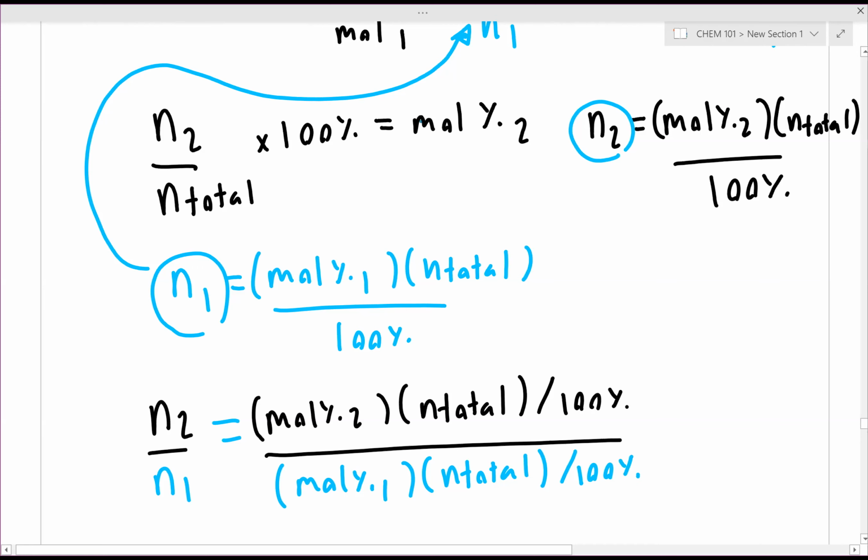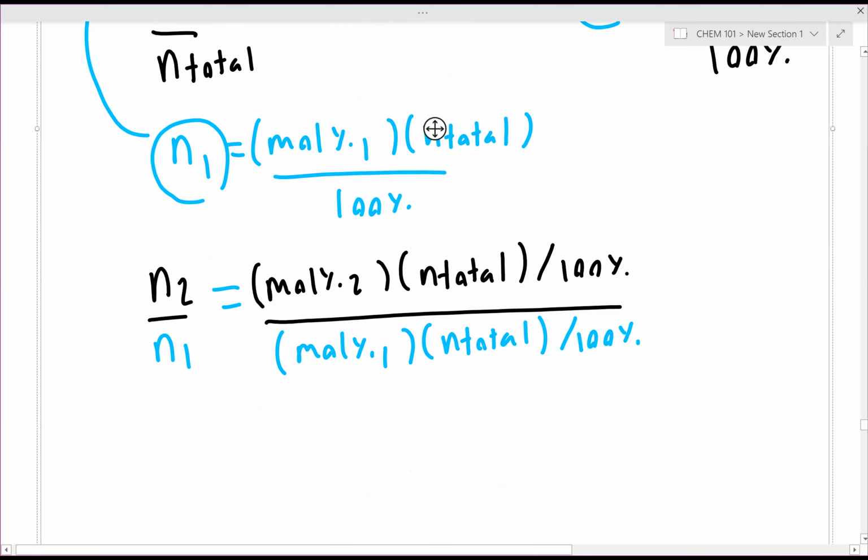Now, the whole reason why I've taken us through this song and dance is because we see, are these N total over 100 terms the same? Yes. So then they cancel out.